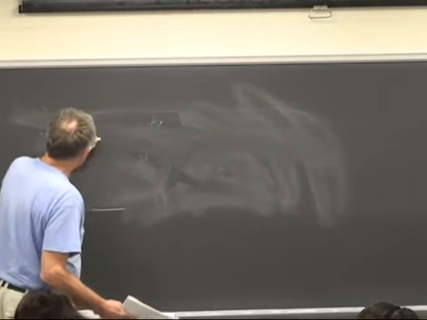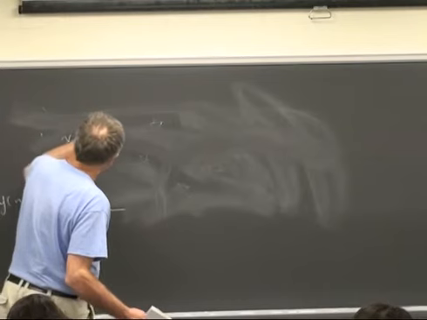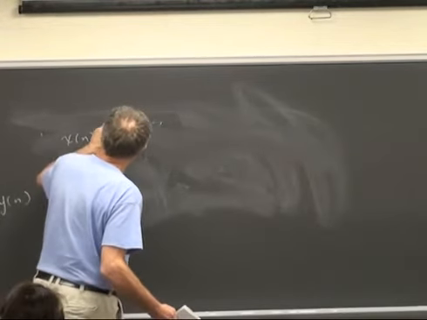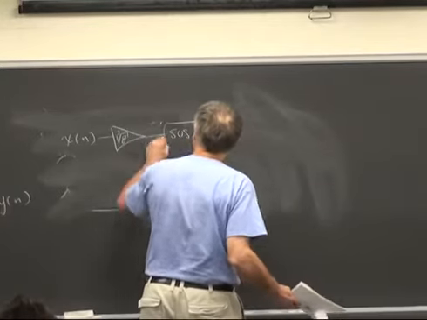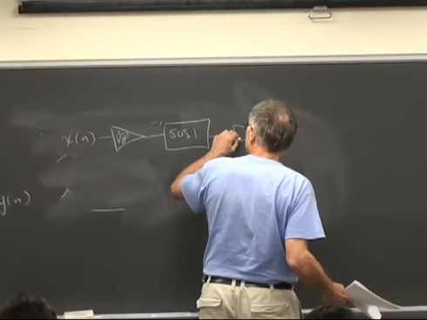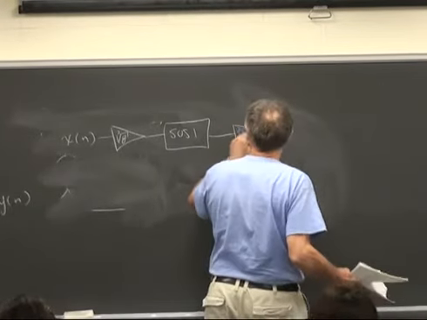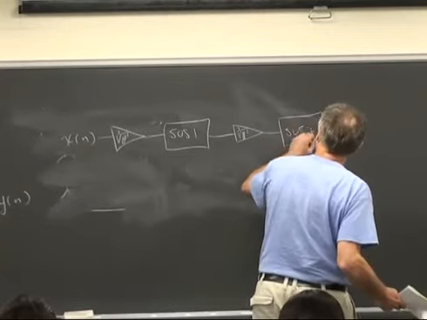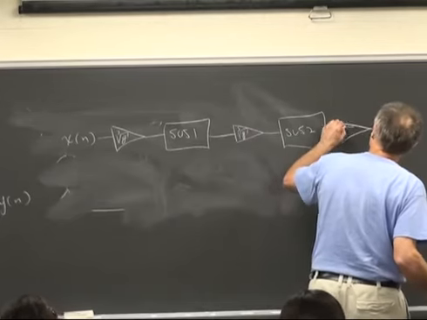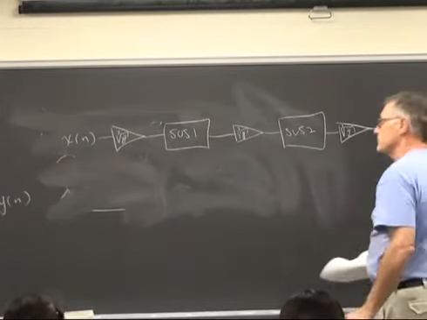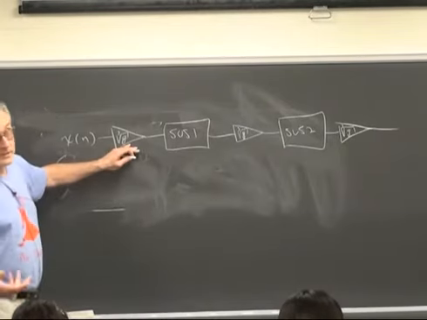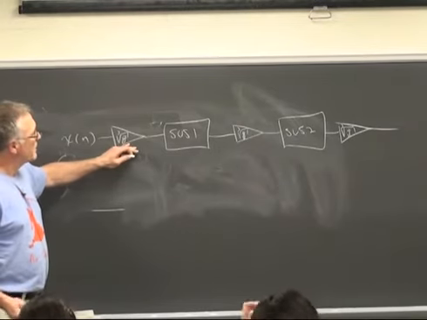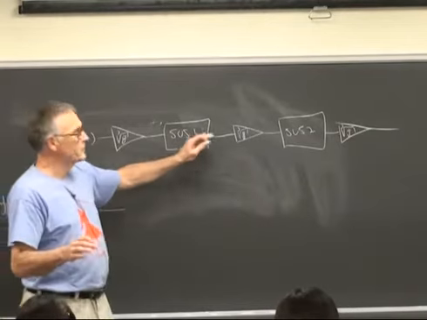We have some xn coming in, multiplied by, let's say, the cube root of G, then into section 1, SOS1, then multiplied by the cube root of G, into second order section 2, and then the cube root of G. So hopefully by breaking up G into its cube root, at the cost of an extra multiply, we can not lose too many bits of precision before we do the arithmetic.